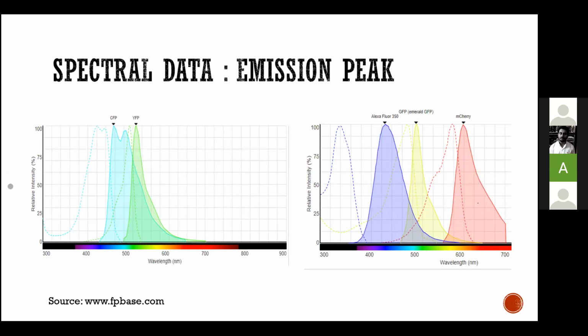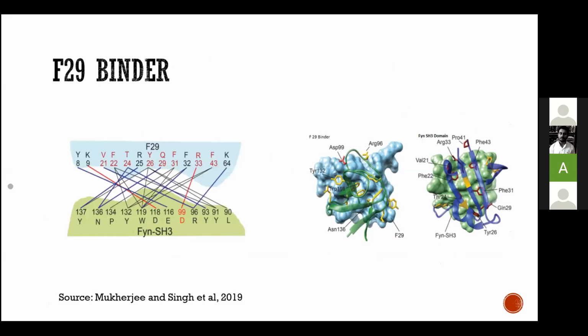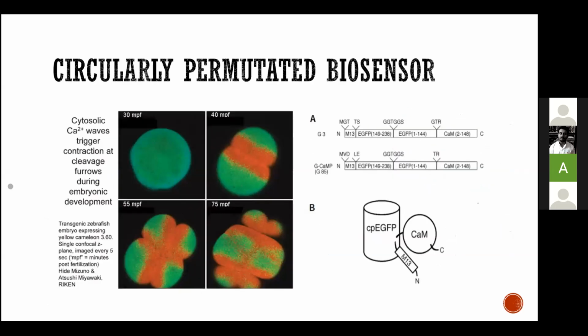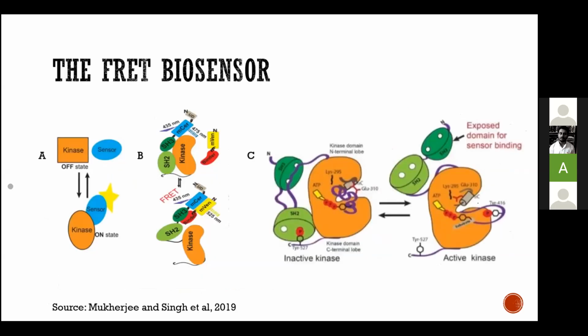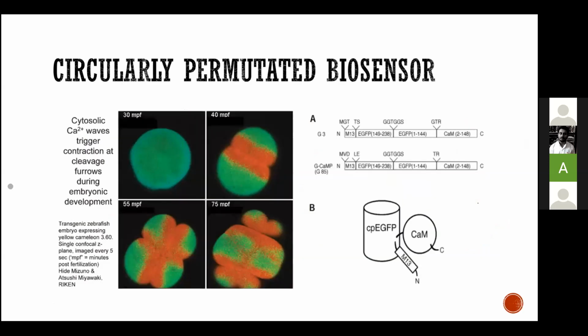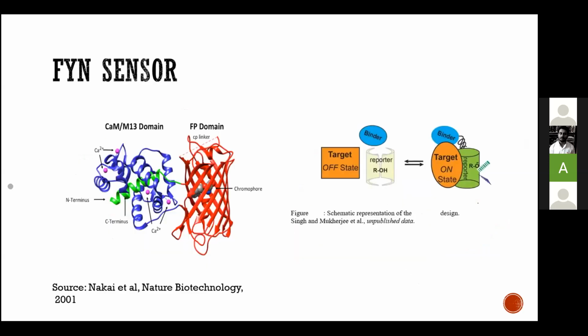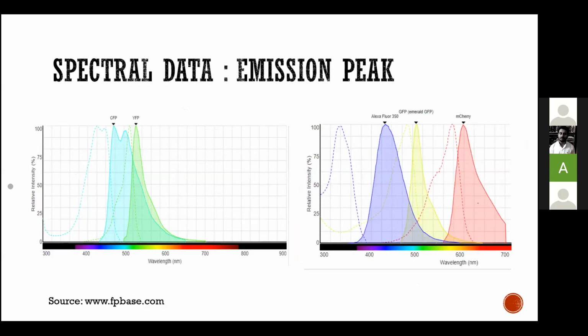And on the right, there was the reason why we moved on to the circularly permuted biosensor when we already had this FRET biosensor. The modification to the CFP biosensor was so that you can use the spectral data more judiciously.